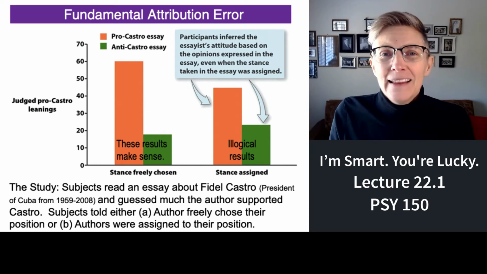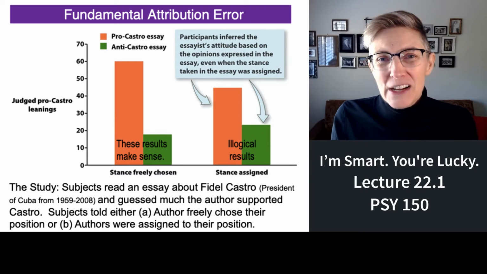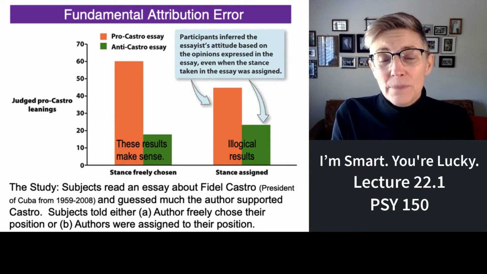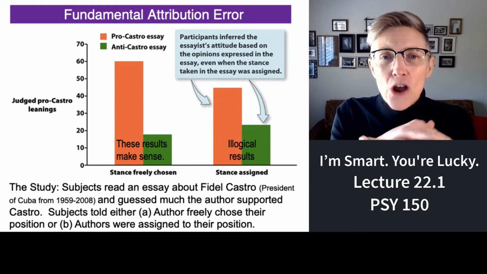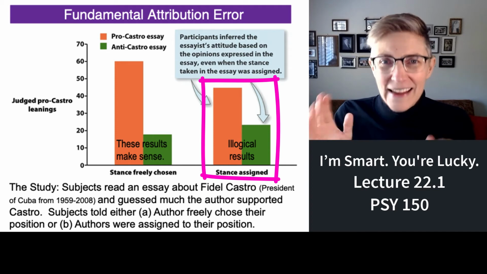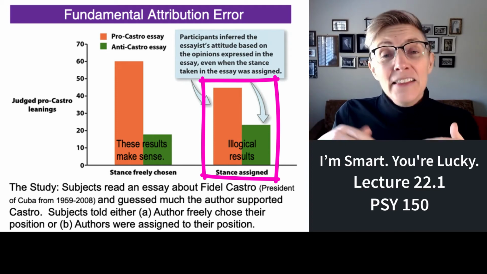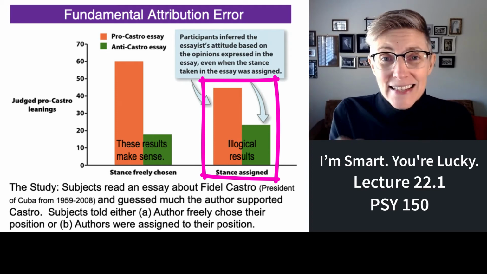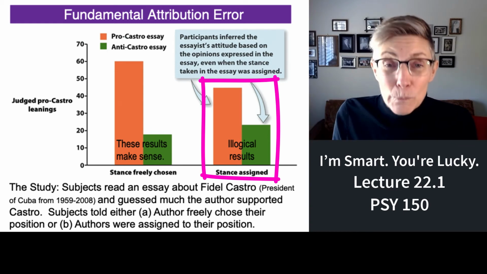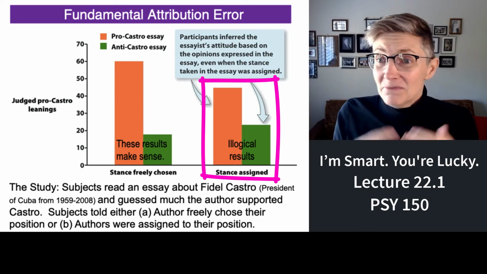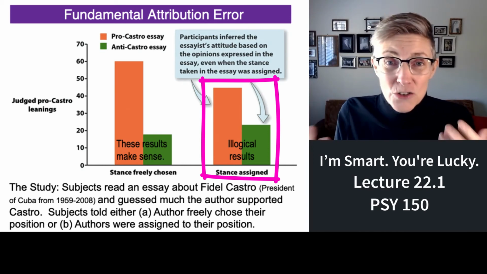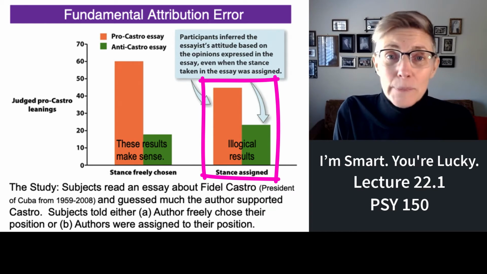Easy. But for half the subjects, the experimenters told them that the essay that you just read was written by someone who had no choice in the matter of whether they were writing a pro or anti-Castro essay, that the topic of the essay was assigned to them. So now it's all about their situation, right? So people should say, I have no idea if the author is pro or anti-Castro because the essay topic was assigned to them.